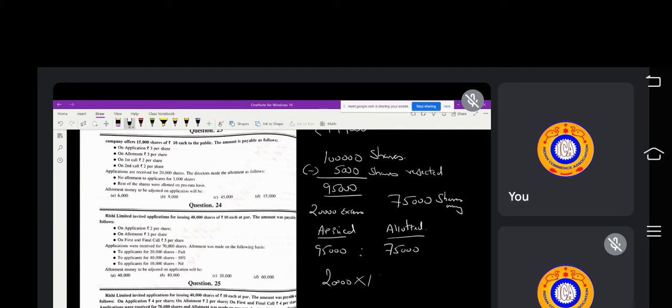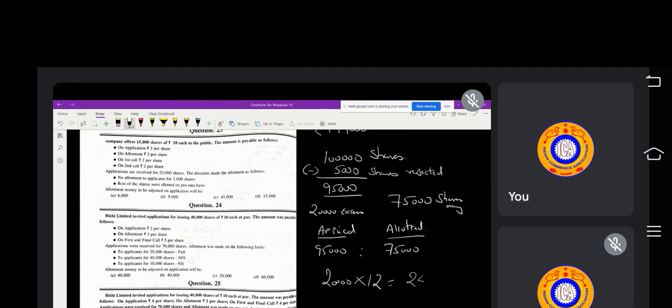So 20,000 shares into 12 rupees, that gives you 2,40,000. This gives you an amount of rupees 2,40,000.